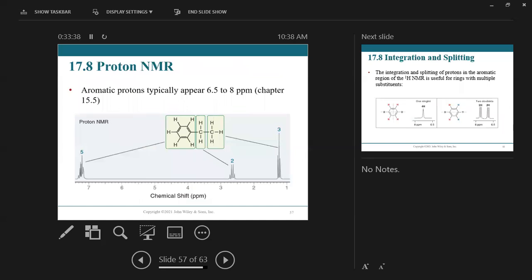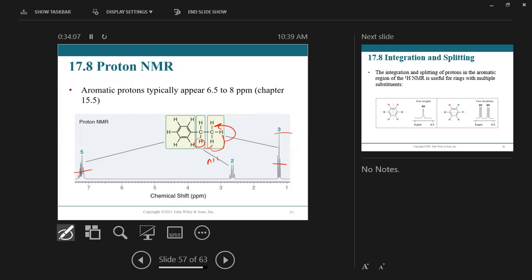Here's an NMR spectra. When we talked about in the NMR section, these are where the protons show up when they're on the benzene ring. And here's your allylic protons right here. So this one, it sees this one and it sees this one. So that's why it's a triplet, right? You have 3 protons. This one's a quartet because this one sees this one, sees that one, and it sees that one.